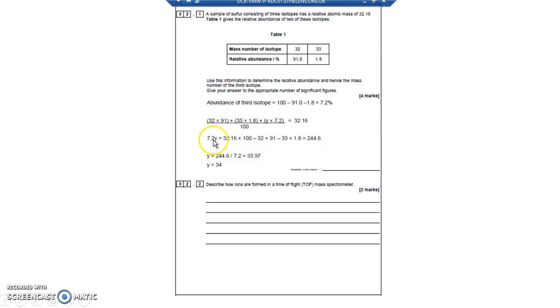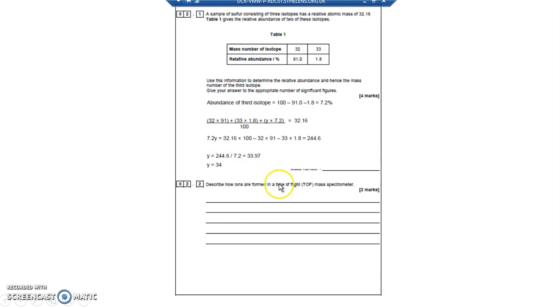Divide both sides by 7.2, so y is 244.6 divided by 7.2, 33.96. It's got to be a whole number essentially, because isotopes can't have odd numbers, so we'll round it up to 34. So its mass number is 34.